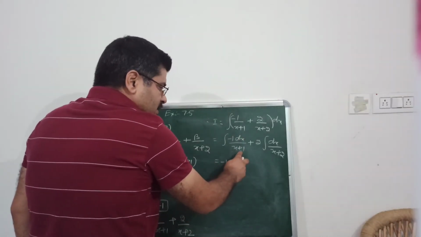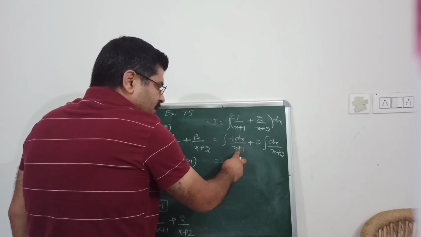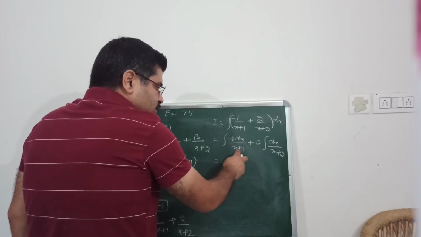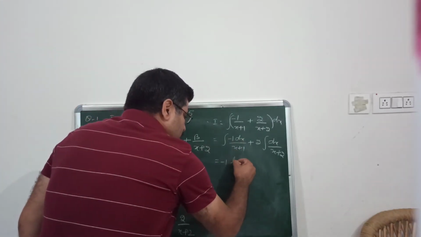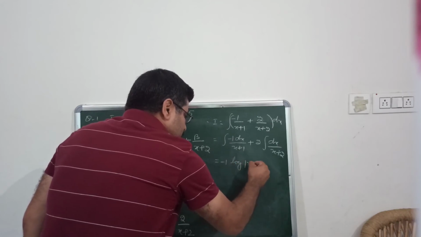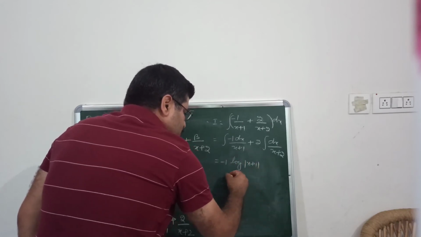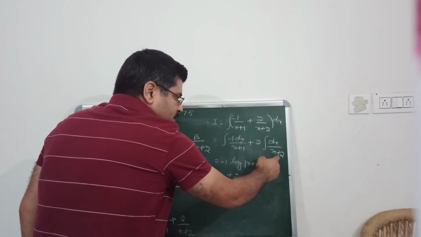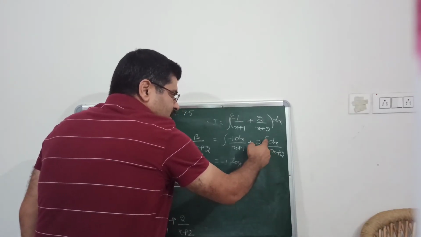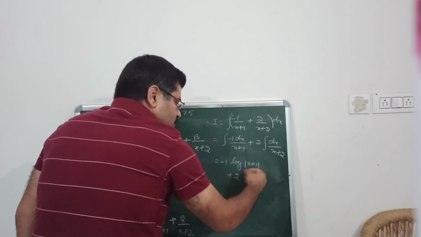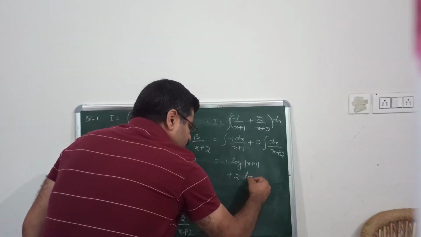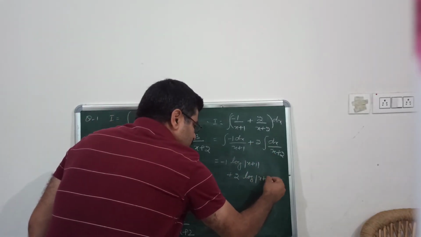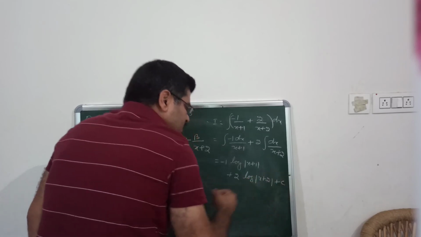The derivative of x plus 1 is 1, which is there in the numerator. So it will become log mod x plus 1, and then we have plus 2. Its integration, the derivative of x plus 2 is again 1, which is there in the numerator. So its integration will also become log mod x plus 2, plus constant of integration.